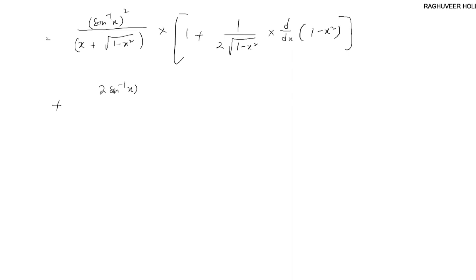Now the next term would be plus 2 sine inverse x, and log of (x plus root 1 minus x square), right? So this whole thing divides by square root of 1 minus x square.